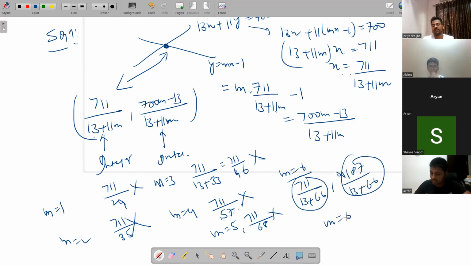So m equal to 6 is the possibility. For the past couple of years, Advanced has been asking some complicated equation relation, and in that you have to hit and trial. Understood? Right. Note it down.